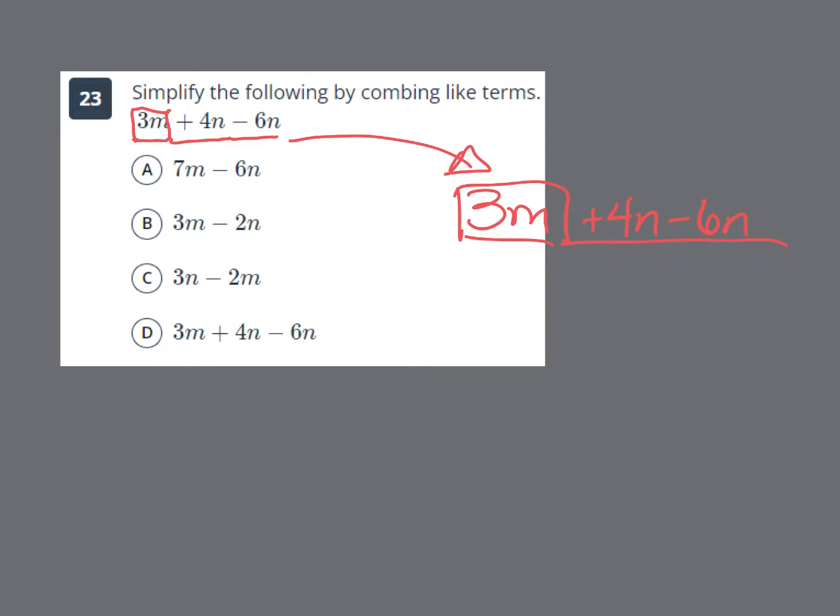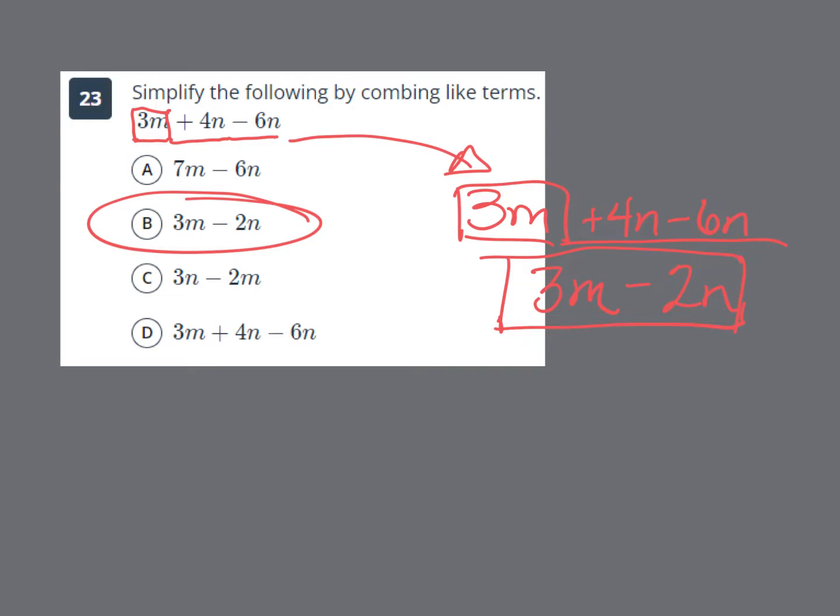So I've got positive 4n's, take away 6n's. So if I've got 4 and I'm taking away 6, that means I'm going to go below 0 by 2n's. So that's minus 2n. Just bring down my 3m, and that's what I have as my answer. Do I have that? Yes, I do. It's right here. B is the answer.